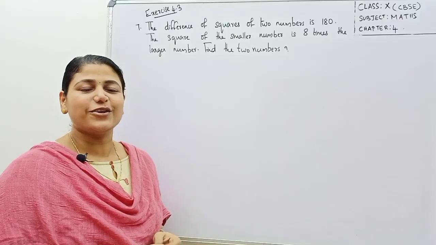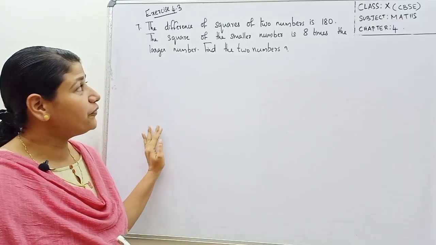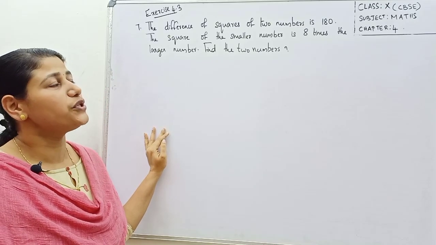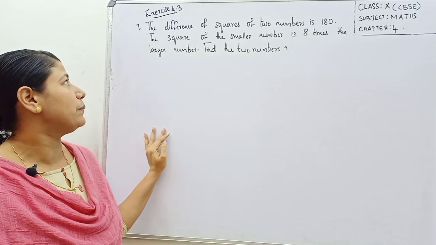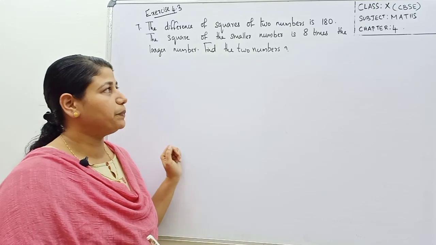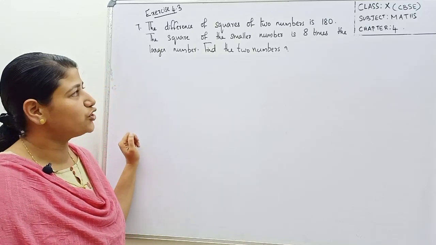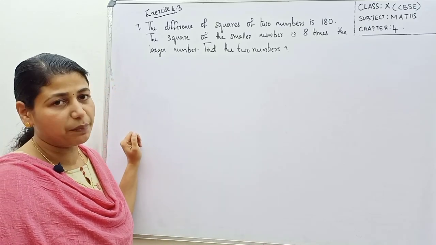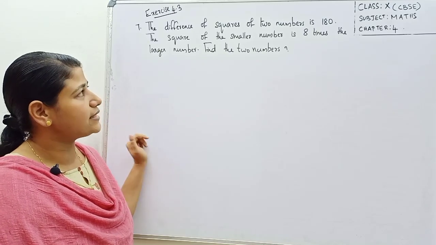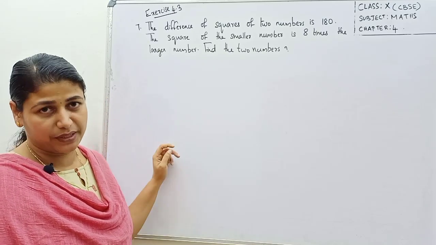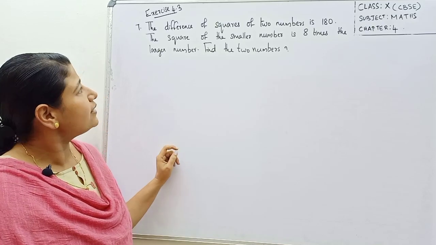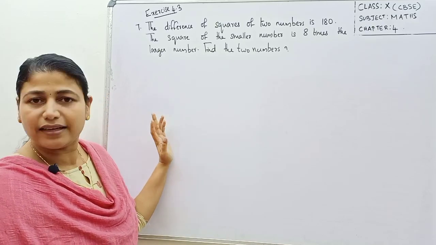Understood? So, 7th question. The difference of squares of two numbers is 180. The square of the smaller number is 8 times the larger number. Find the two numbers. So, in this question, we have to take two numbers, one smaller and the other larger.